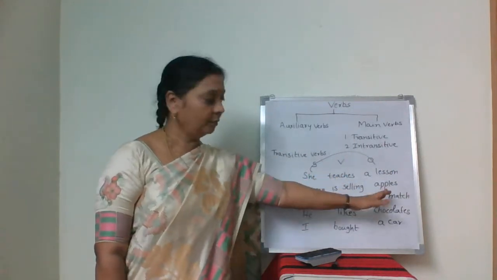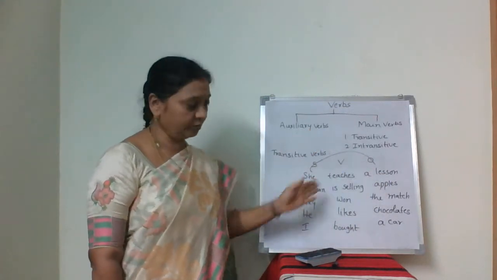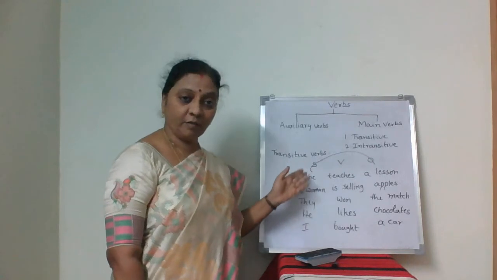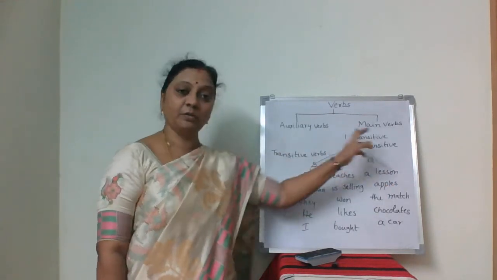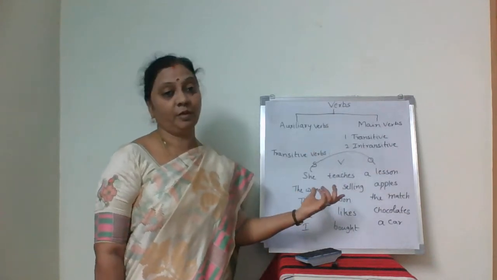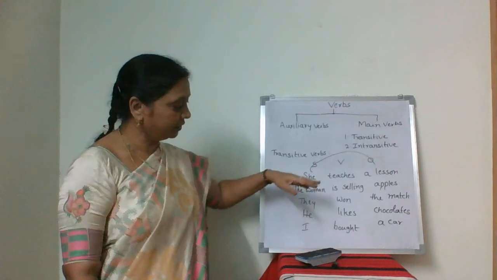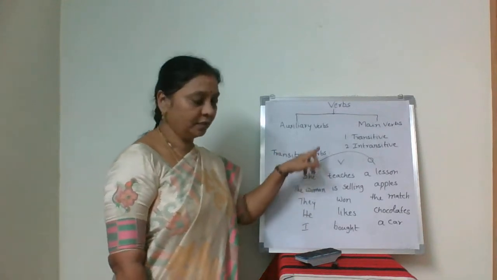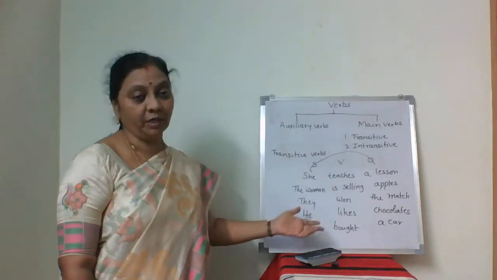She teaches. What does she teach? She teaches a lesson. So the action is passing on from subject to object. Three are required: subject, verb, and object. Verb in any tense form you can take.